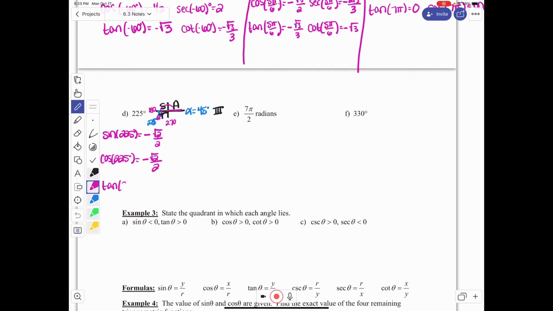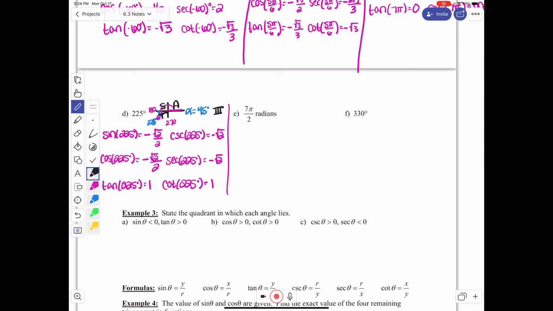Tangent, I know, is going to be a positive since it's in quadrant 3, so it's going to be 1. Cosecant of 225 is going to be a negative square root of 2. Secant of 225 is going to be a negative square root of 2. And cotangent, I know, is going to be positive, and it's going to be a 1.